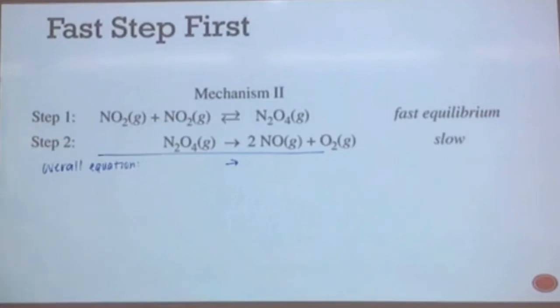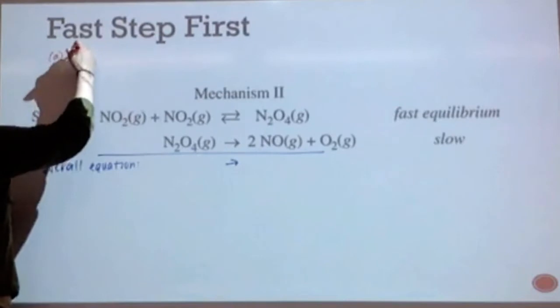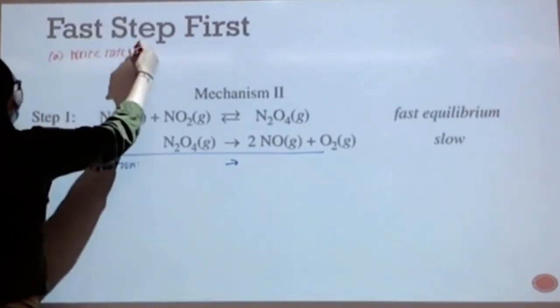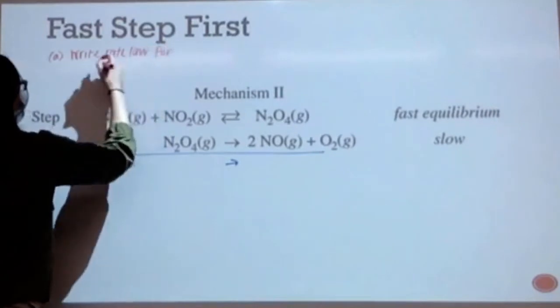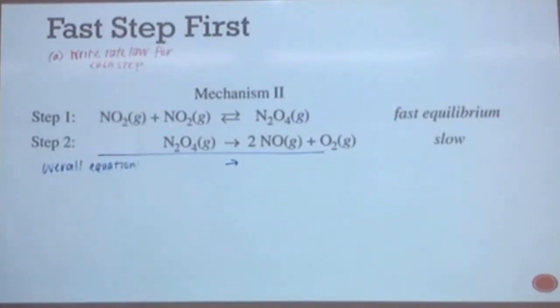So if this question said, write the rate law, I'm going to just make up questions off the top of my head. So let's say that part A said, write the rate law for each step.